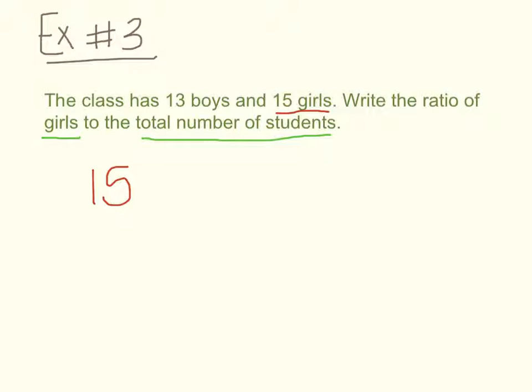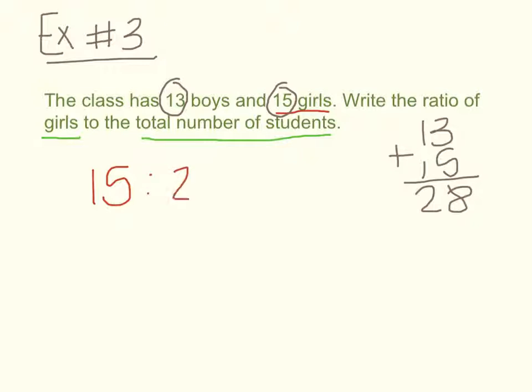So to find out my total, I have to add the 13 boys plus the 15 girls to find out how many kids are in the class all together. So when I add those, I get 28. So there's 15 girls to 28 total students.